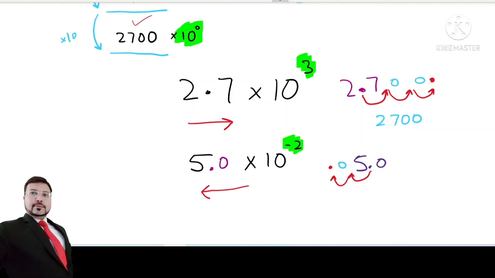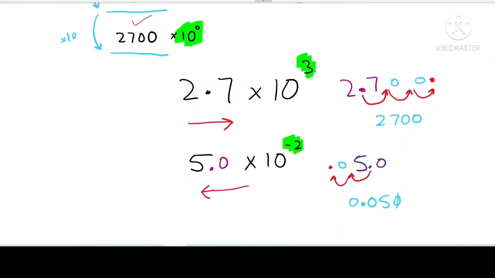So it will be 0.05, and we know that before the decimal we always put a 0, and remember that the 0 at the back of this one has no significance, no value, so we don't write it. So the final answer will be 0.05. Again, with this concept you can understand such types of questions and convert your decimal number or integer number into standard form.